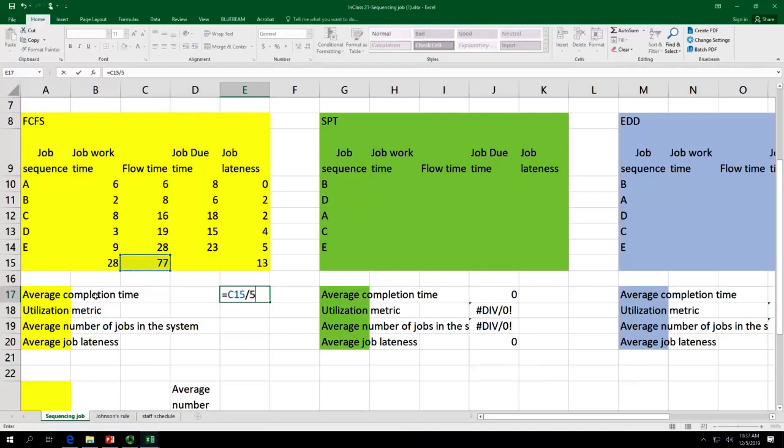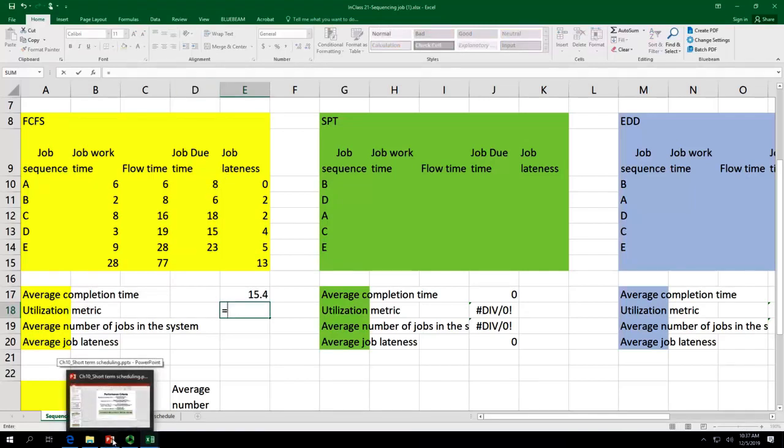A, B, C, D, E, 5 jobs, right? And it's 15.4.